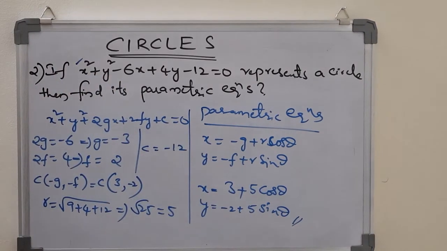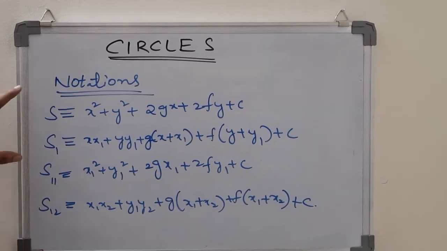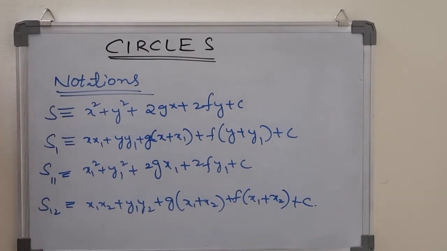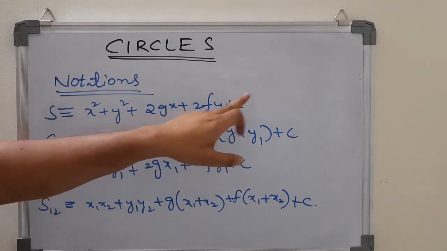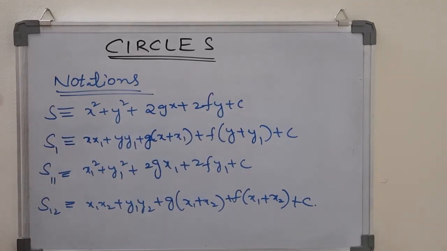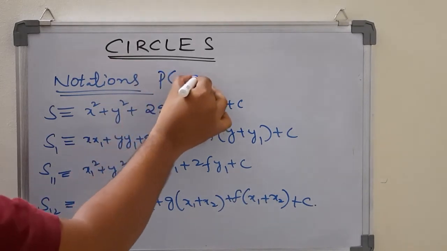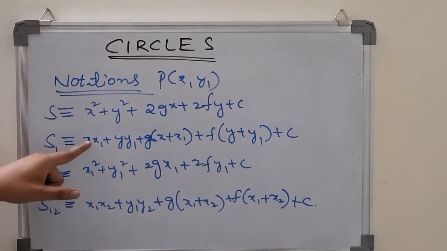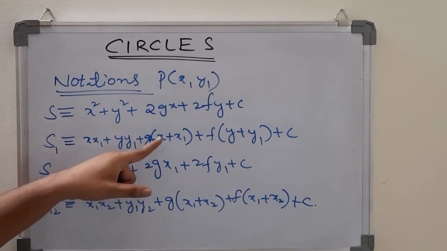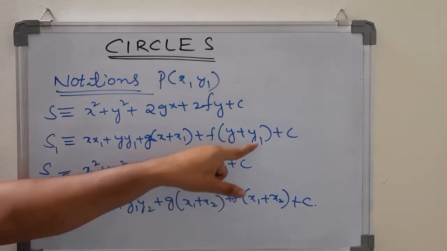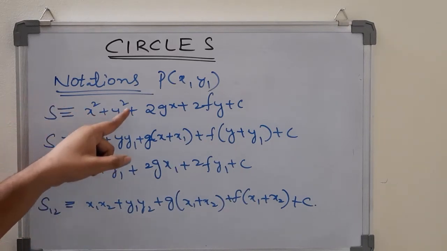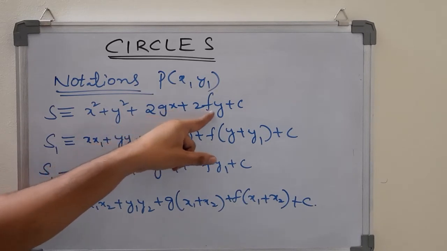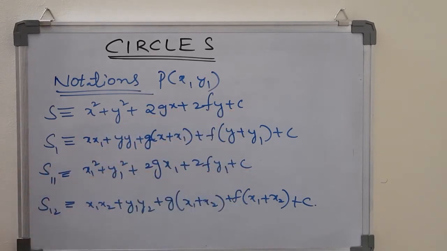Now look at some notations here. These are the notations of a reference circle. Suppose S is a circle, x square plus y square plus 2gx plus 2fy plus c, with respect to point P(x1, y1). S1 can be written as xx1 plus yy1 plus g into (x plus x1) plus f into (y plus y1) plus c, and S11 can be written as x1 square plus y1 square plus 2g x1 plus 2f y1 plus c, right?